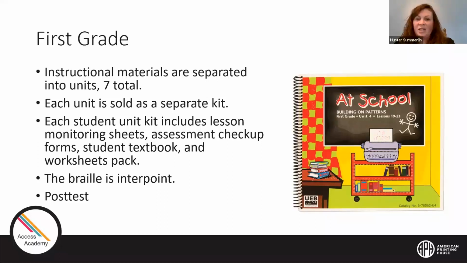Each unit is sold as a separate kit, and each student kit includes lesson monitoring sheets, assessment checkup forms, student textbook, and a worksheets packet. The Braille is interpoint, and there's also a post-test.